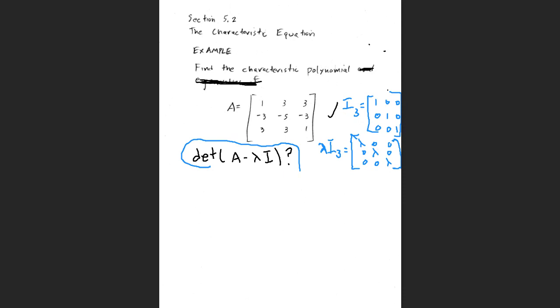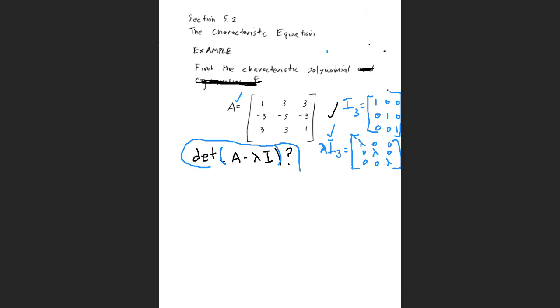What's inside those parentheses? Don't parentheses usually mean do that first? You know, grouping symbols. What's the first thing we have to do with the matrix A and this lambda times the 3 by 3 identity?